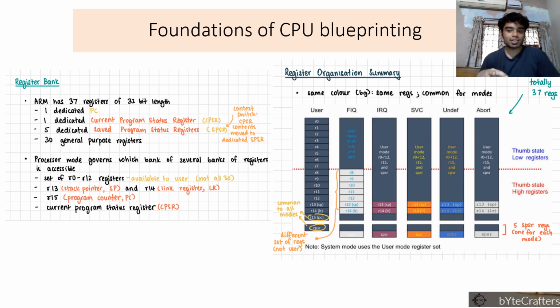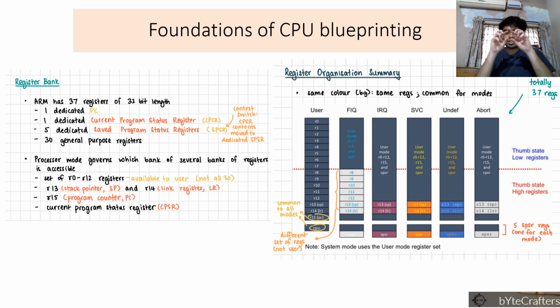And there is one dedicated CPSR register. The CPSR is just one register, but it is 32 bits long, so each bit of the CPSR gives a lot of indications. It carries flag values like the zero flag and carry flag, and there are so many flag values.